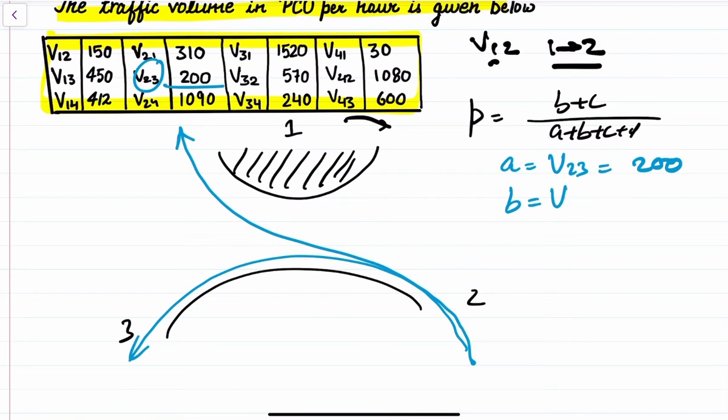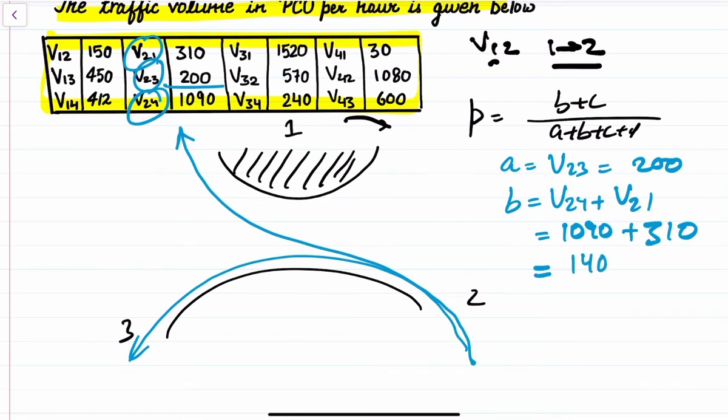So we have V24 plus V21. V24 is 1090, V21 is 310. So the value is 1400. Just keep checking if I'm making any calculation mistake.